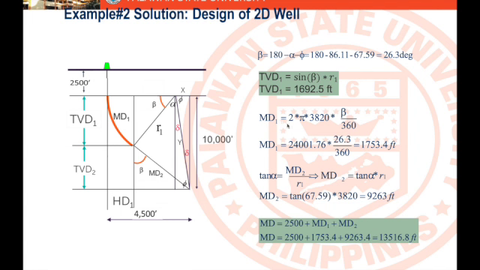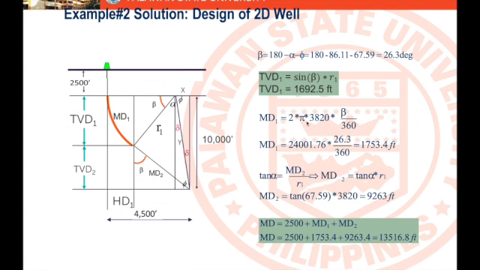So for measured depth 1, we will just be using the fraction of the circumference of a circle in terms of the angle. So using this equation right here for circumference, that's 2 pi r times the beta angle as a fraction of the total 360 degrees. We can cancel that 2 over 360, that is the same as 1 over 180, so pi over 180 degrees.